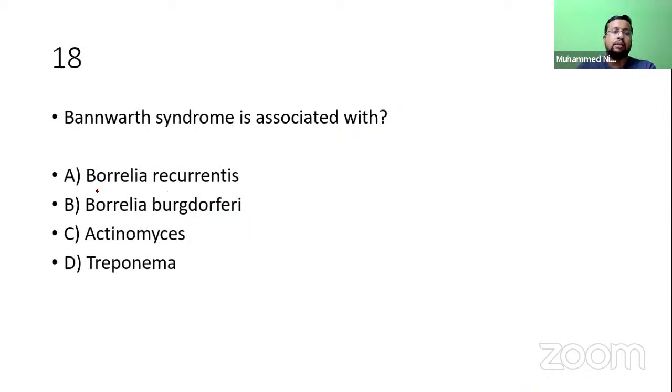Question number 18: Bannwarth syndrome is associated with, and the options included Borrelia recurrentis, Borrelia burgdorferi, actinomyces, and treponema. These are the options that I believe were provided to me.